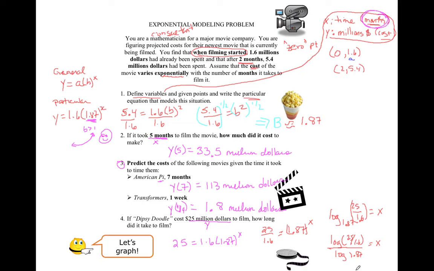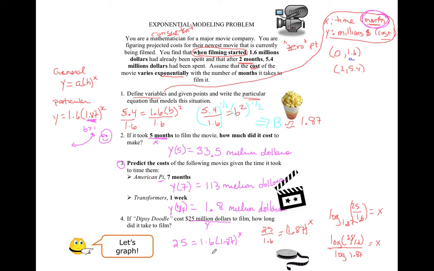So let's graph now. This is swell math, right? That's all great, but remember you have a calculator. So if you have a calculator, there would be an easier way to do this.